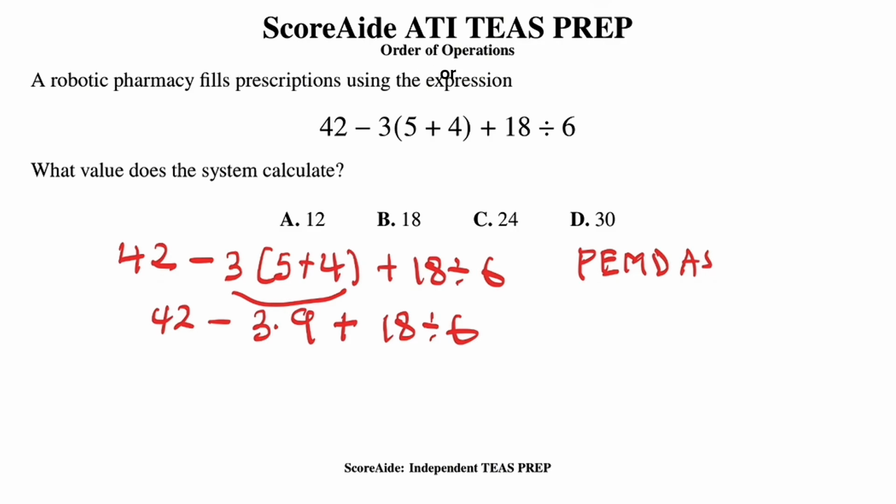So whether you multiply or divide, they all go together. So now we're going to have 42 minus 3 times 9 is going to be 27, plus 18 divided by 6 is going to be 3, which is going to give us 18. So this is going to be equal to 18. And the answer here is going to be B.